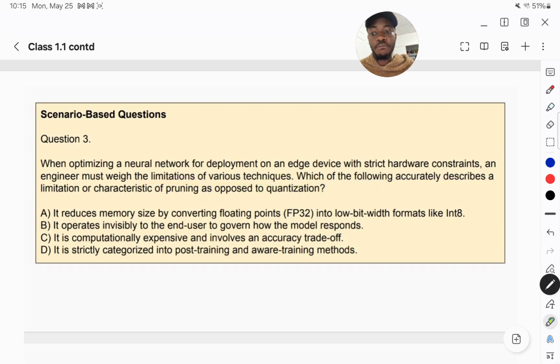The answer is C. So the trade-off for pruning is its computational expense and the accuracy trade-off, because remember when I said when you prune you remove some layers, so removing some layers means you're going to incur some accuracy drop. Okay, compared to quantization you might even witness an accuracy increase when you reduce that memory footprint.